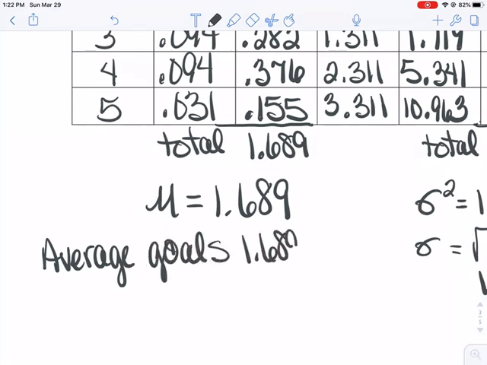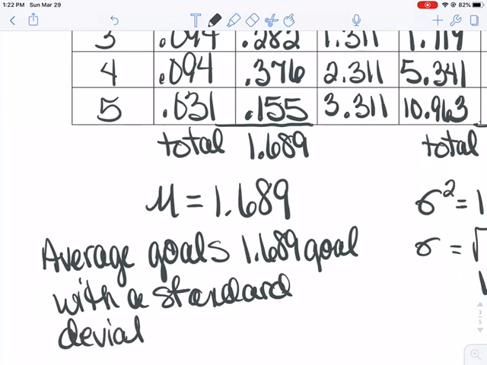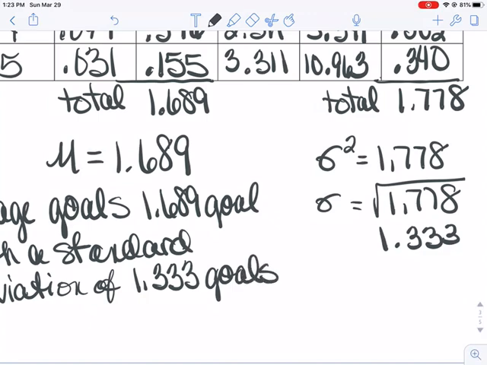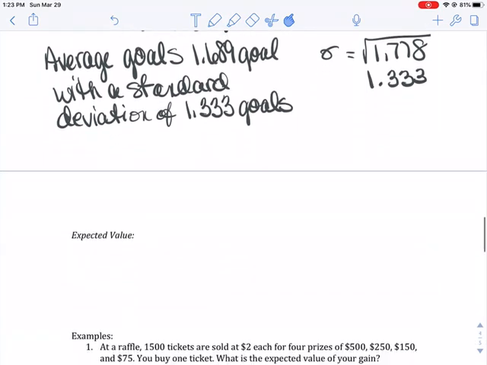It's 1.689 goals with a standard deviation of 1.33 goals. Okay. All right. Very good. Hopefully you got that correct.